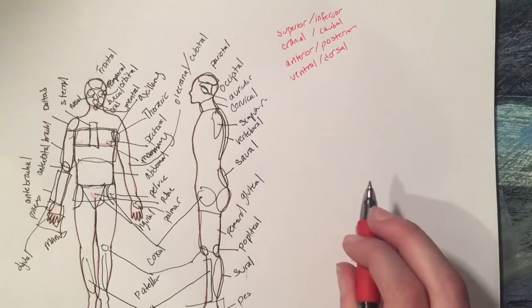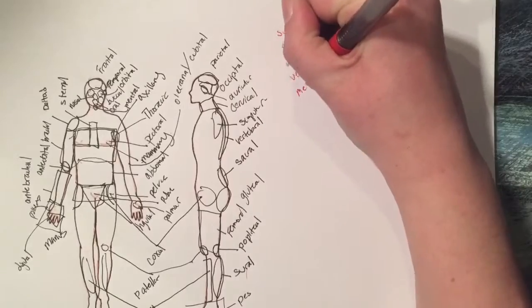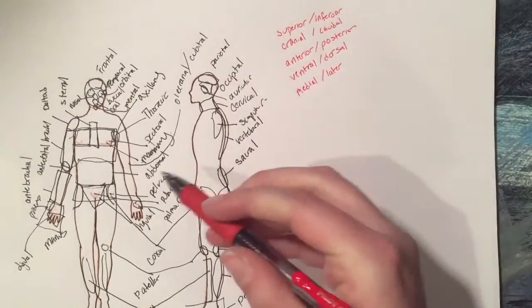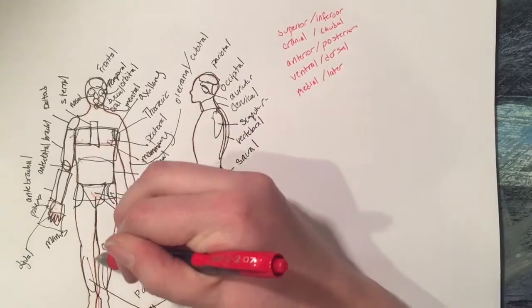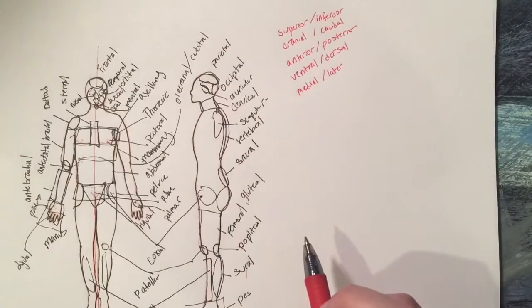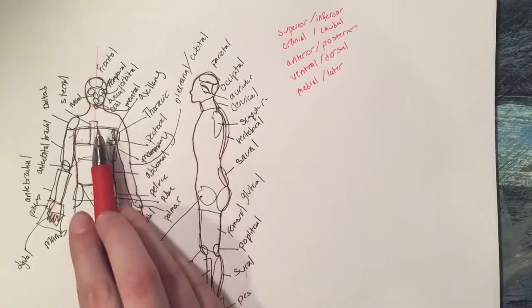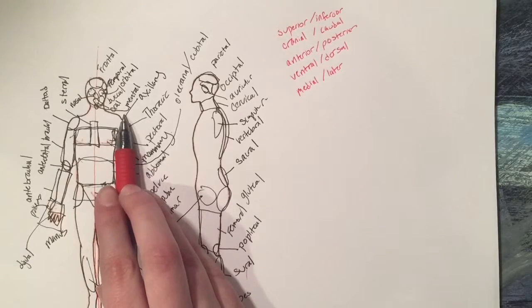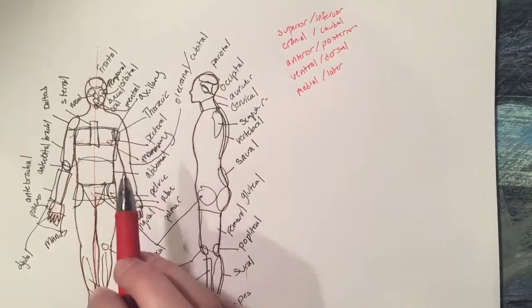Then you have medial and lateral, which means towards the midline, which would go straight up the body like this, or away from the midline. So the sternal is more medial to the deltoid, or deltoidal region.